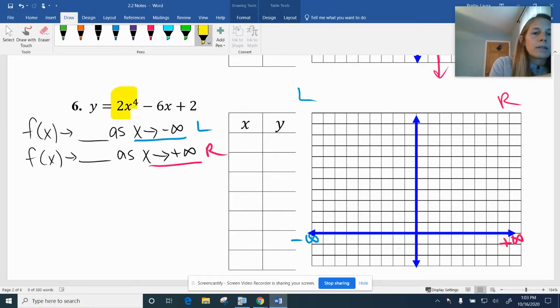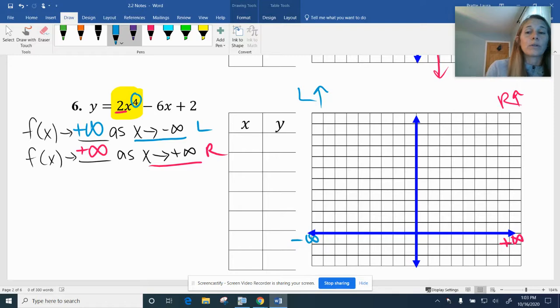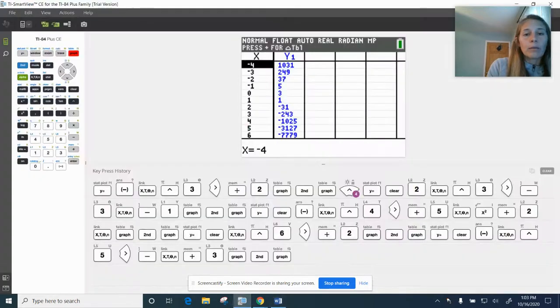Looking at this lead term here, the right side is a positive leading coefficient, so the right side is going to go up or approach positive infinity. And that even exponent tells us the left is going to do the same as the right and also go up.